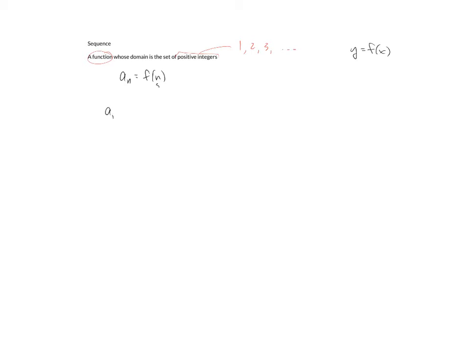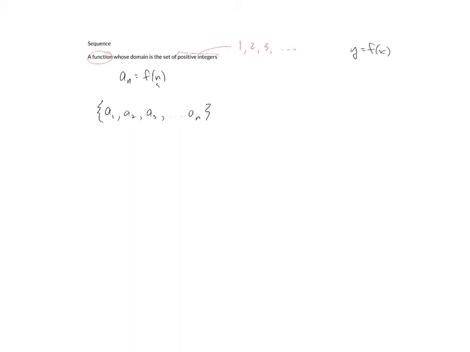When we plug a 2 in, we get a sub 2. 3 would give us a sub 3, all the way up until we get to the nth term of the sequence. So the set brackets on either side generally are used to denote a sequence.